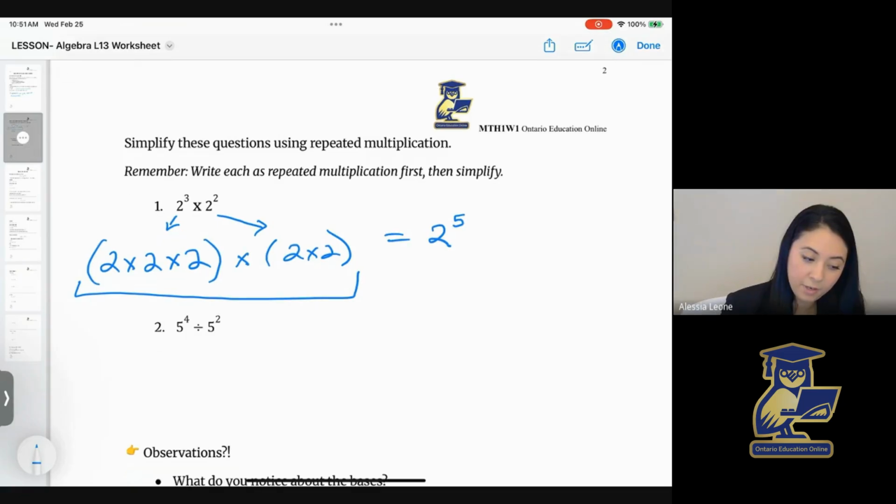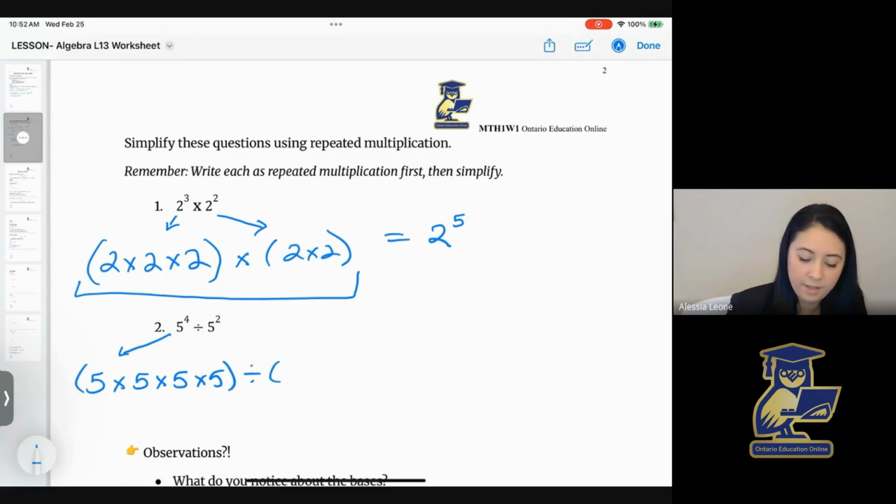At the bottom here, we have a division. 5 to the power of 4 and 5 to the power of 2. Let's show that in repeated multiplication first. 5 to the power of 4. So we need 4 5s. Okay.